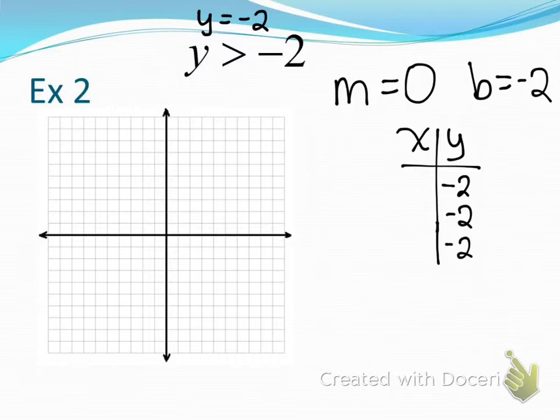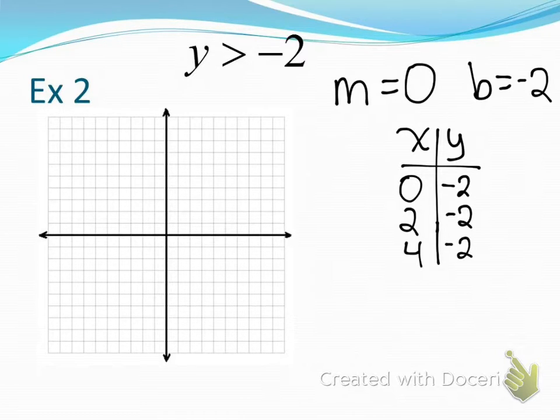So we could pick whatever we wanted to go in the x column. This only works if you only have one variable there. So we can still do it that way here, like 0, 2, and 4. Either way, whether you use your slope and your y-intercept or you make this little table, you're going to end up with the same line.